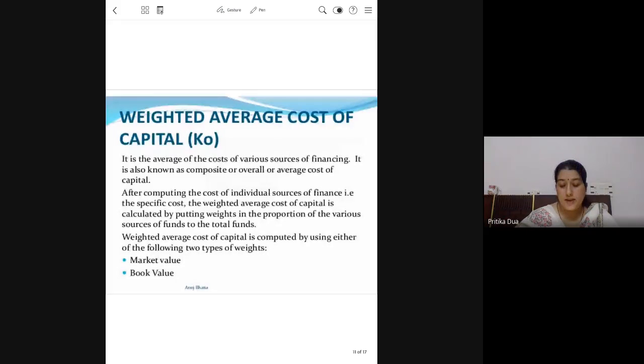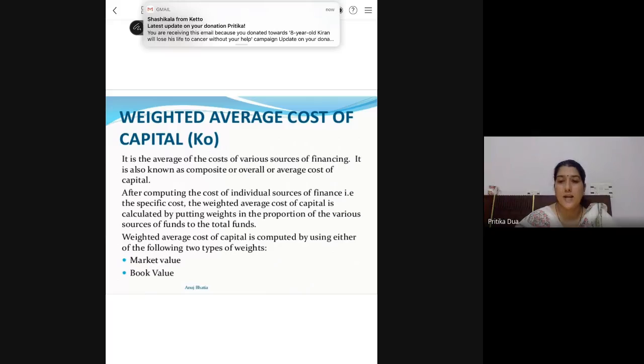So now we have calculated the individual cost or specific cost of various sources of capital, various sources of finance. You have done cost of debt, cost of equity, cost of preference shares, and now we have covered the cost of retained earnings also.